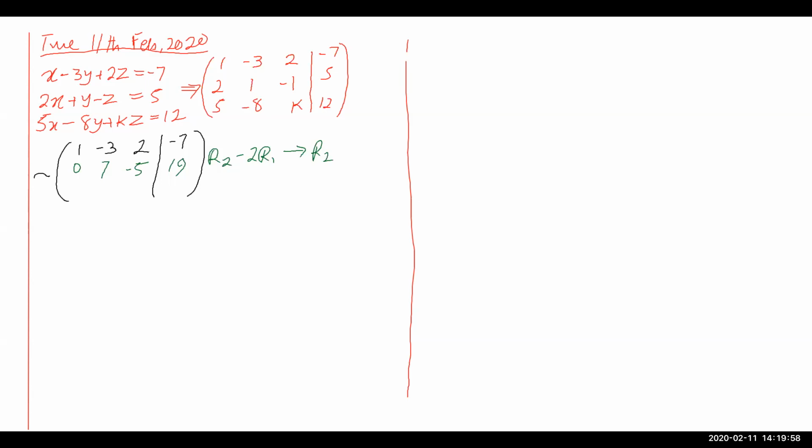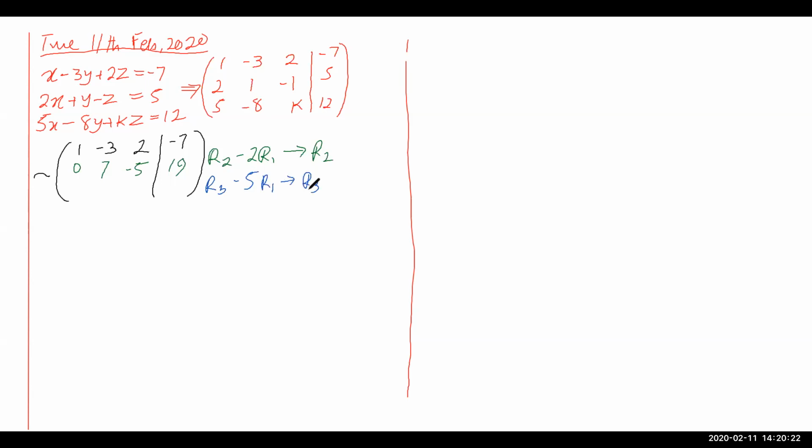What row operation do we perform on row 3? Row 3 minus 5 row 1. Thank you, Calista. She said row 3 minus 5 row 1 is now the new row 3.